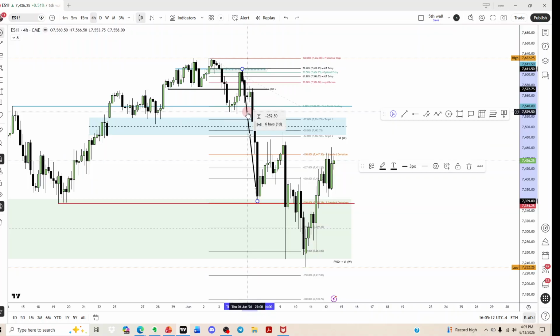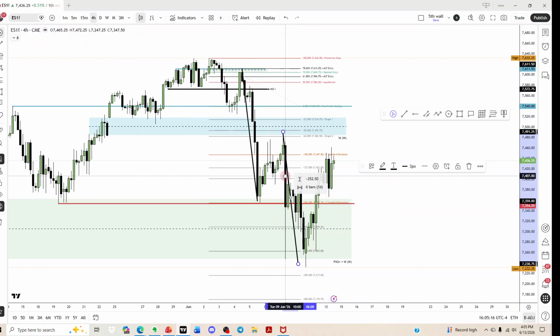And I'm telling you about projection, right? So be looking for this same movement in close proximity to be completed again. So this was 252.50 points, and we're looking for a duplication of that on the retracement.